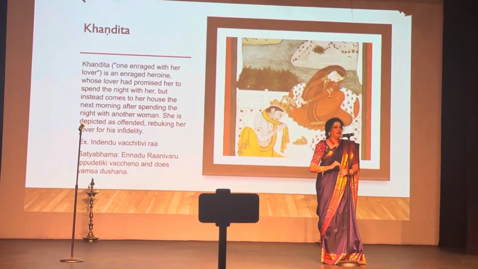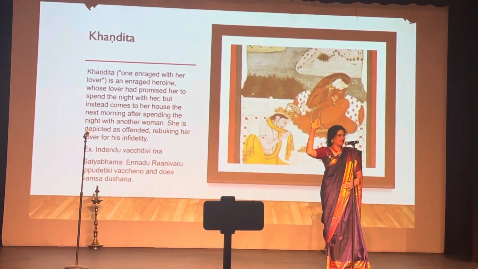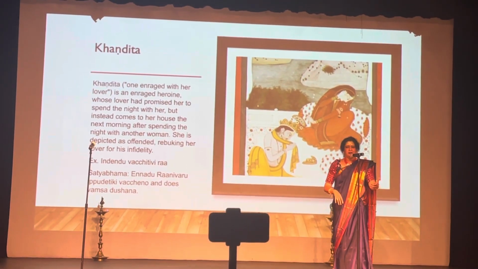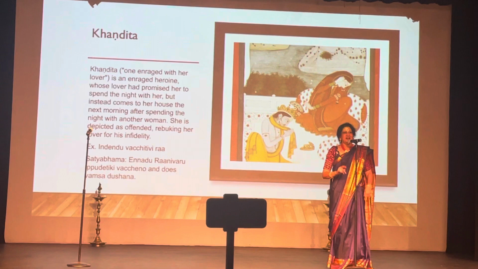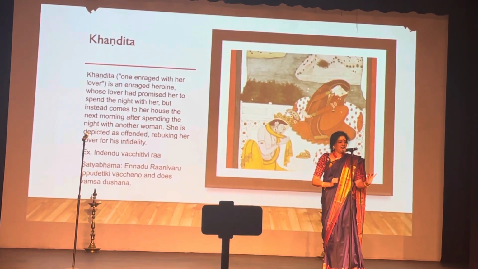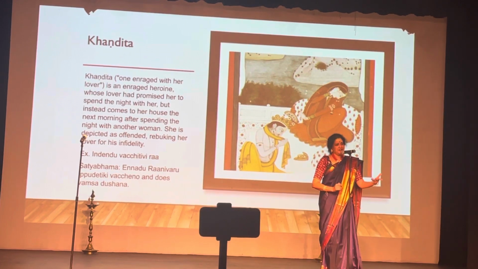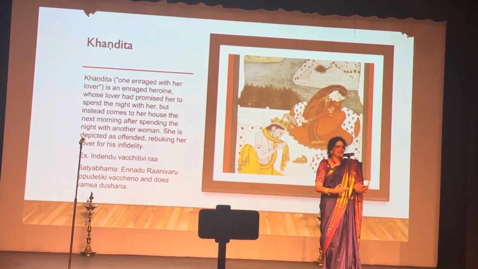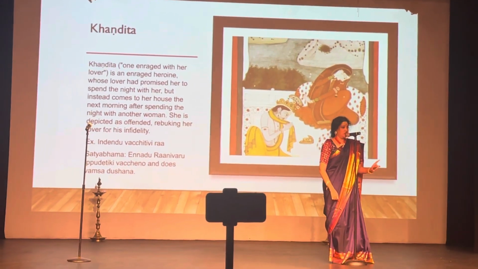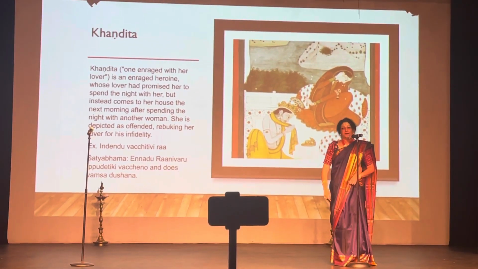You took too long. We all know that movie, I forget which one it was, I'm sure Ryan would know, where Jamuna and NTR, the Satyabhama kicks him. Although it's not there in most of the things, it's a cinematic thing, but that's the Khandita Nayika. She won't hesitate to punish her man when it comes to love.